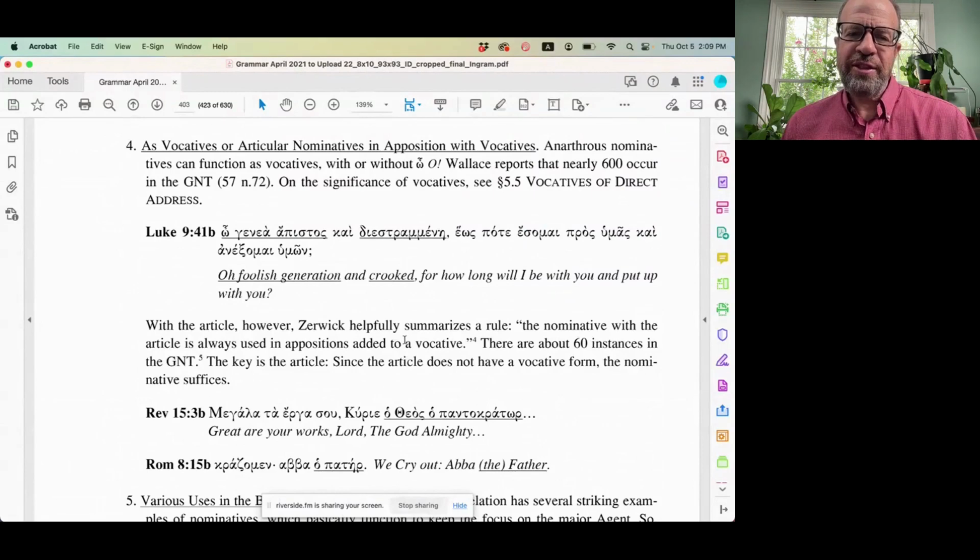And this is really another use of all the cases, that you can abut another noun to them to further explain them. And so if you have a nominative thing that you want to abut another noun or substantive to further explain it, you're obviously going to use the nominative case. But with vocatives, direct address, the appositional element is a nominative.